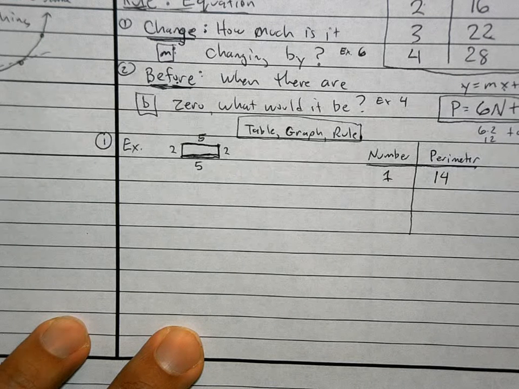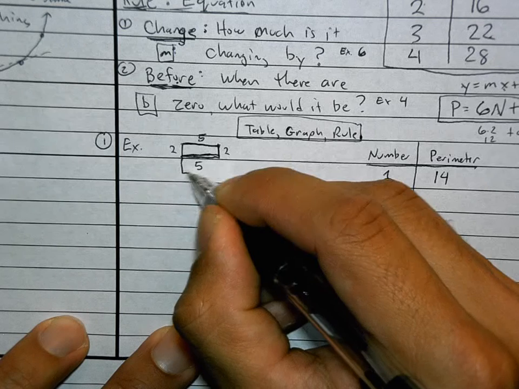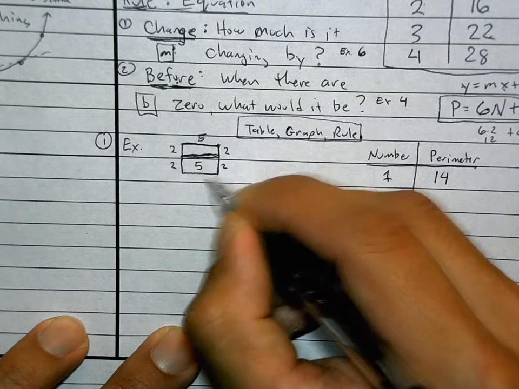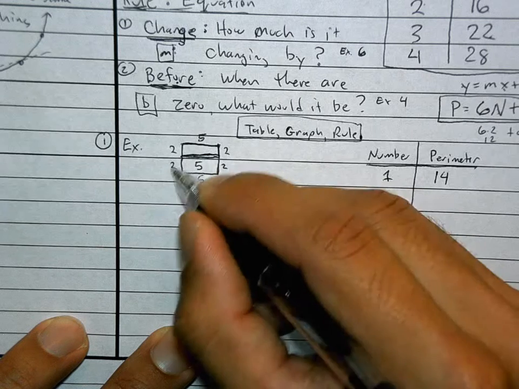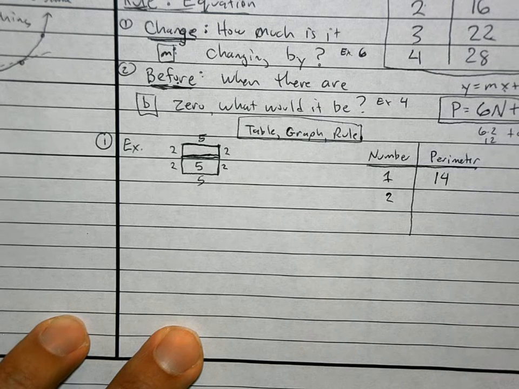And then what are they going to do? They're going to add a second rectangle to it, this. And it's the exact same size, where this is 5, that's 2, that's 2, that's 5. And they're going to ask you, what is the perimeter when there's 2? Ooh, I heard different answers. Let's look at it again.